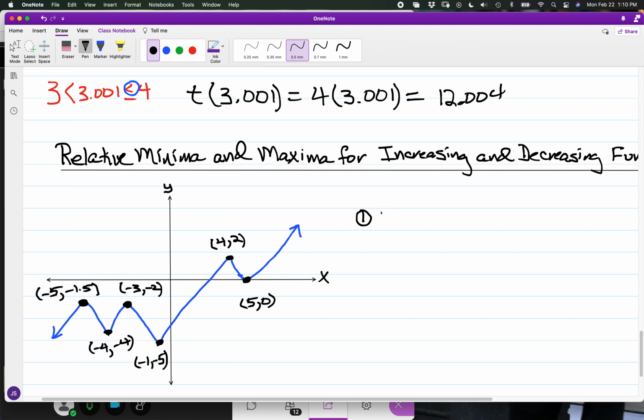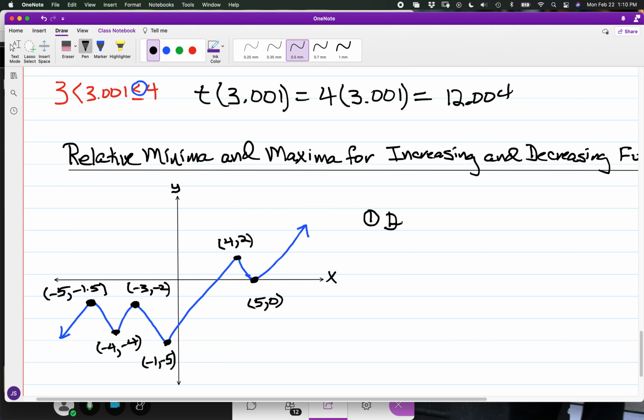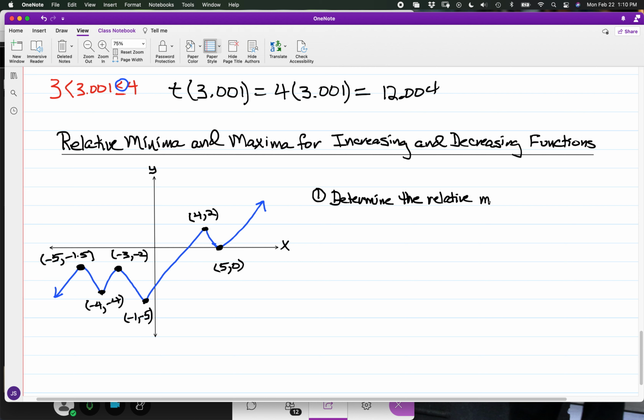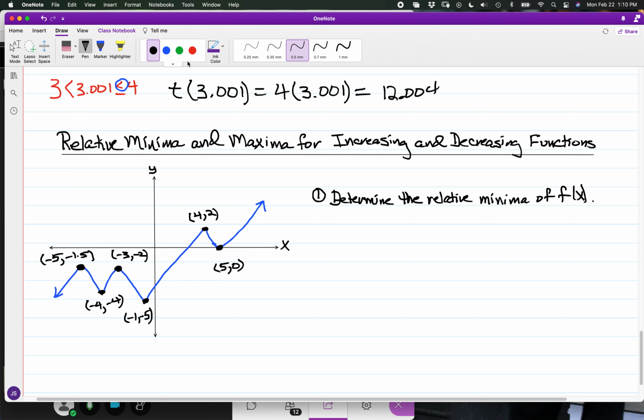Now, if I'm looking at determining the relative minimum of f of x, think of it like minimum, a bottommost point, among the points of interest.